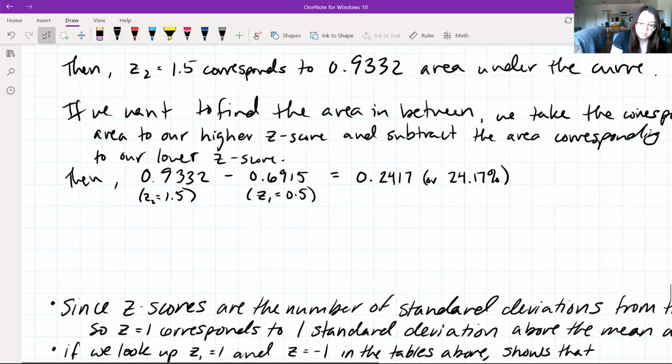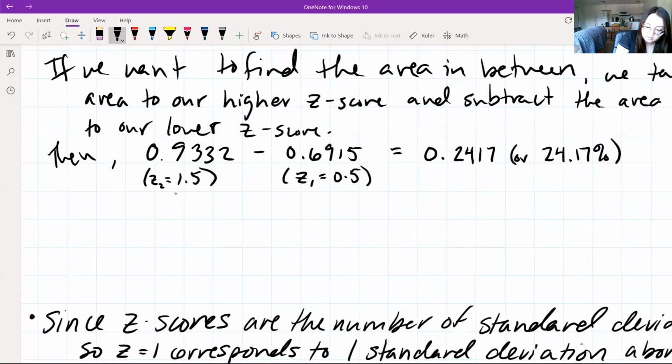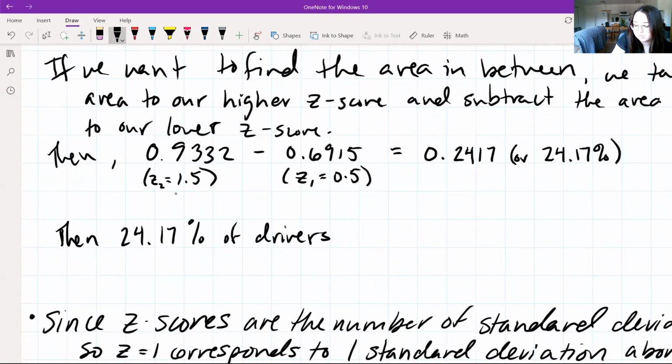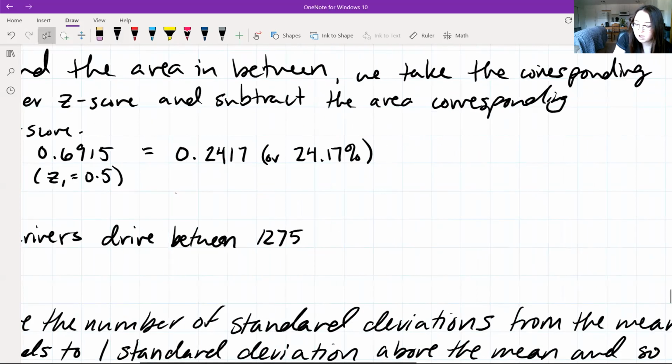So now that we found this value, we say that 24.14% of drivers drive between 1,275 and 1,425 miles per month.